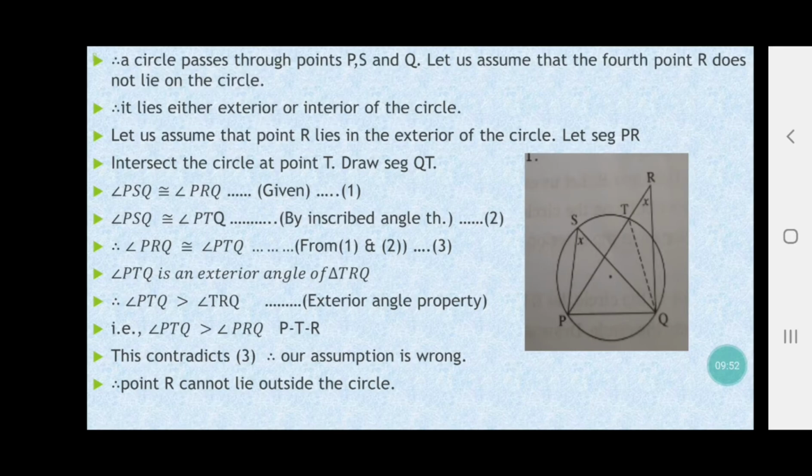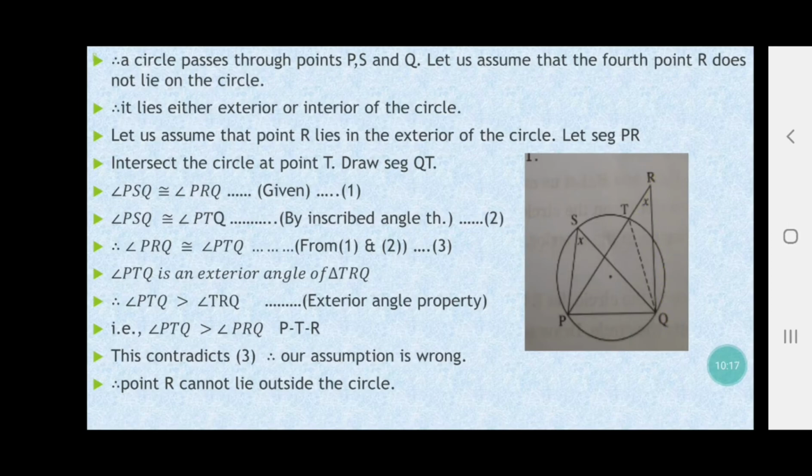This is my equation number 3. But angle PTQ is an exterior angle of triangle TRQ. So by the exterior angle property, naturally angle PTQ will be greater than angle TRQ.